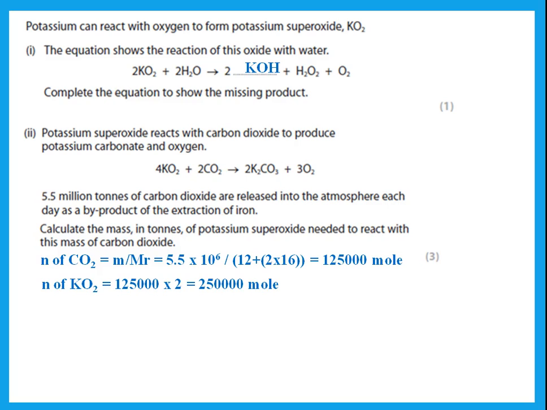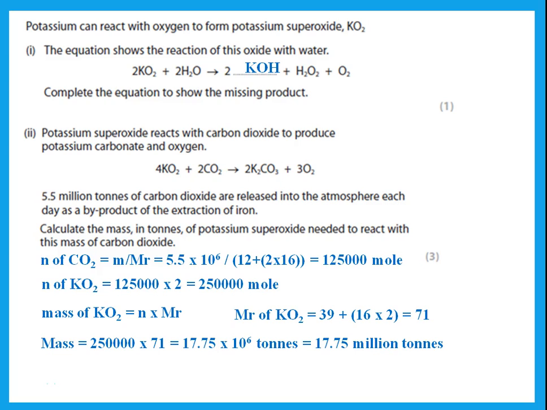The equation says 4 KO2 reacts with 2 CO2. That means the number of moles of KO2 is twice that of the carbon dioxide, and then from that I can get the mass of the KO2, which is number of moles times Mr. Now that the Mr is 71, the mass is this, so that comes out to be 17.75 million tons.